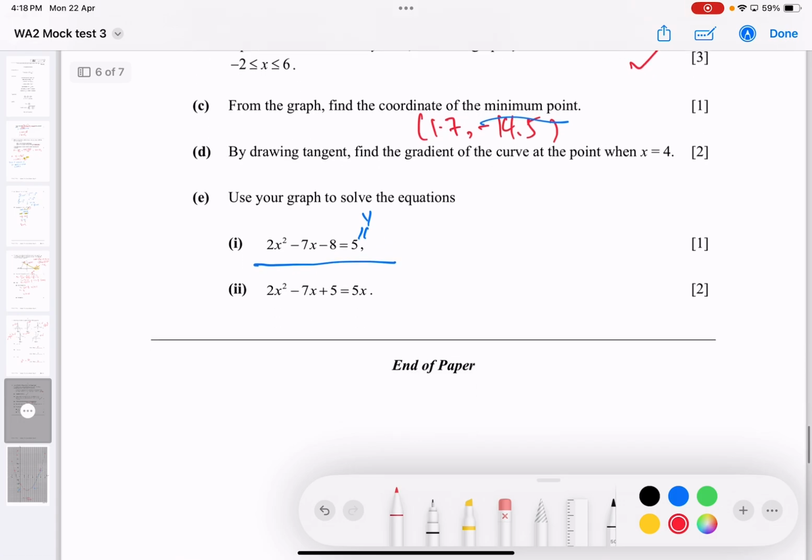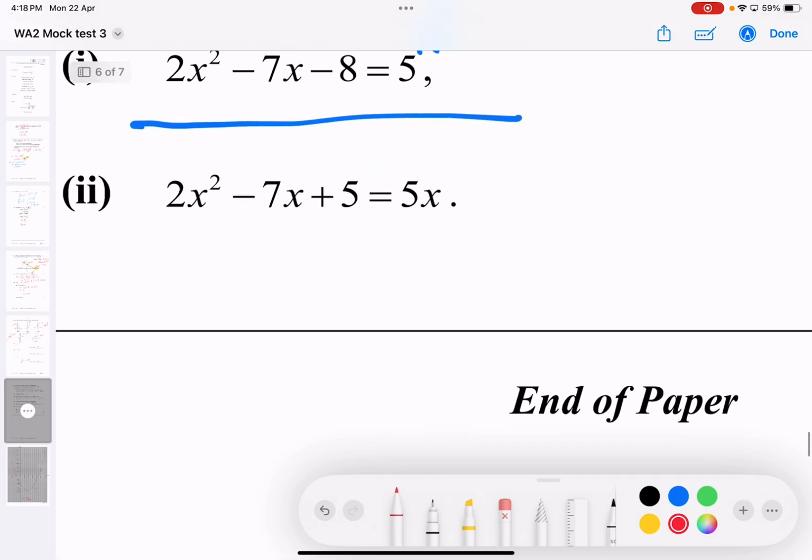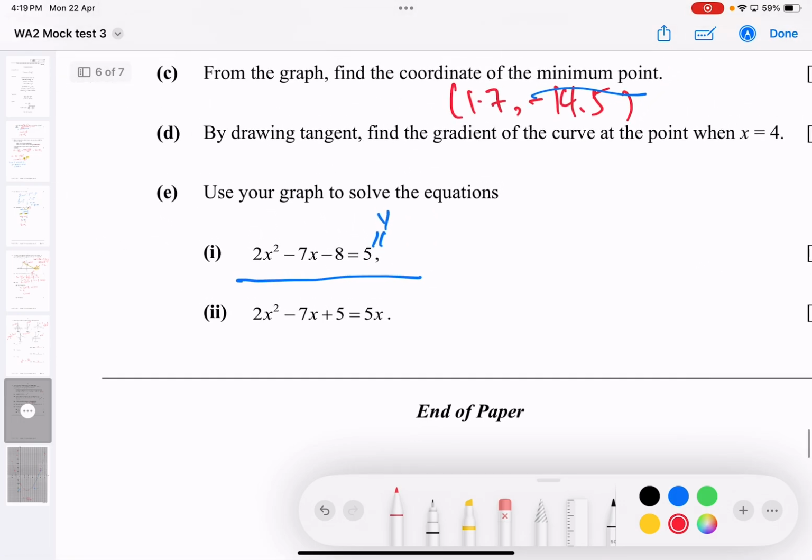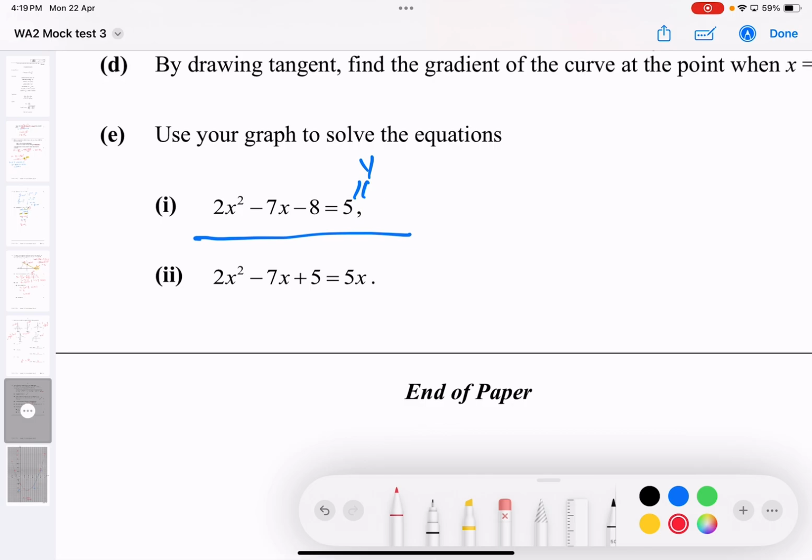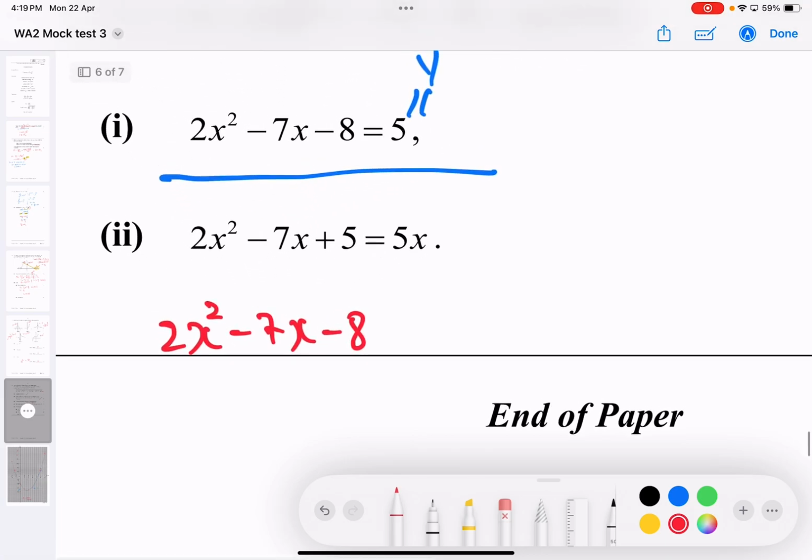Then the last one, how do we do this? Now, the graph that is given to you is of the form 2x squared minus 7x minus 8. I want you to compare this question over here. How can we make this plus 5 into negative 8?